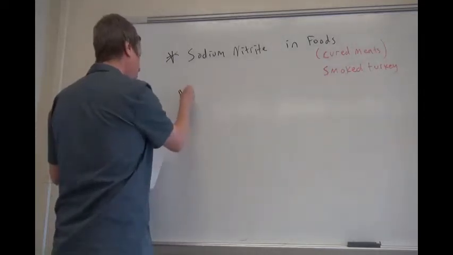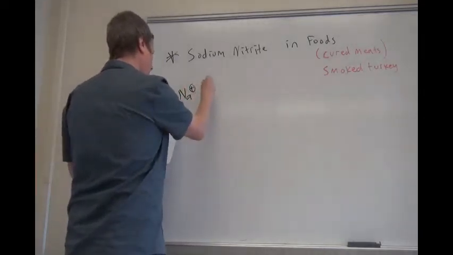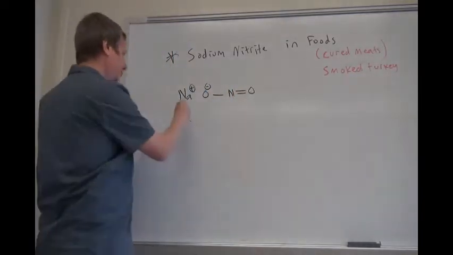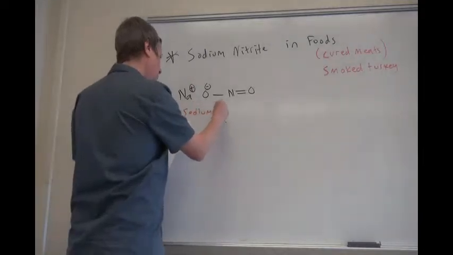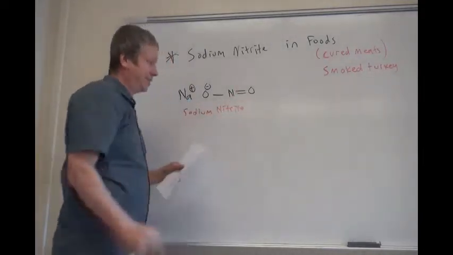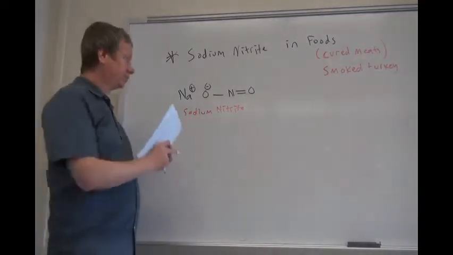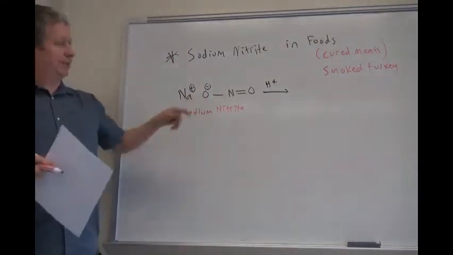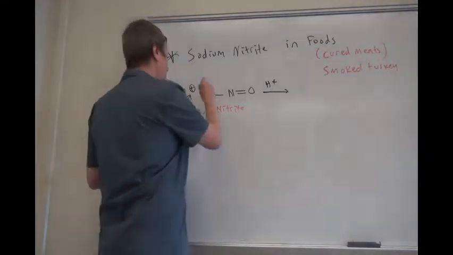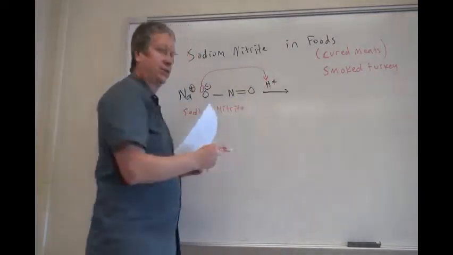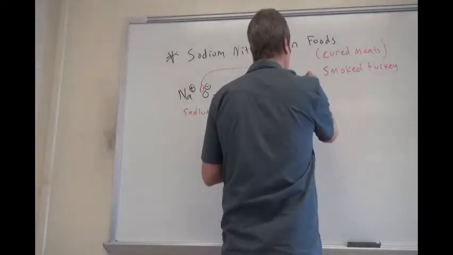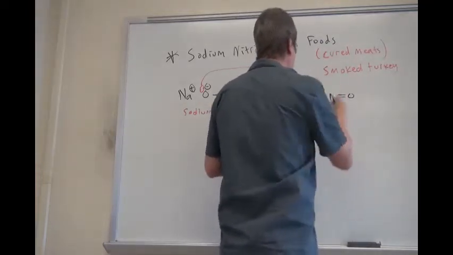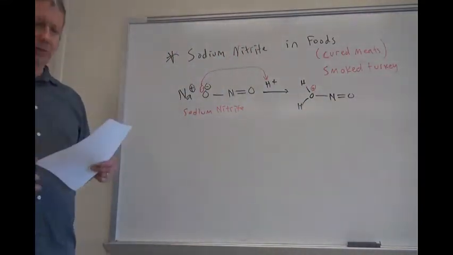Na+, O-. Okay, this is sodium nitrite. Looks like an innocent little inorganic molecule. Let's just assume it gets protonated twice on the oxygen. So protonate the oxygen twice. What does that do? Do that twice, you get O. You're basically making a leaving group on nitrogen, sorry, on oxygen now.